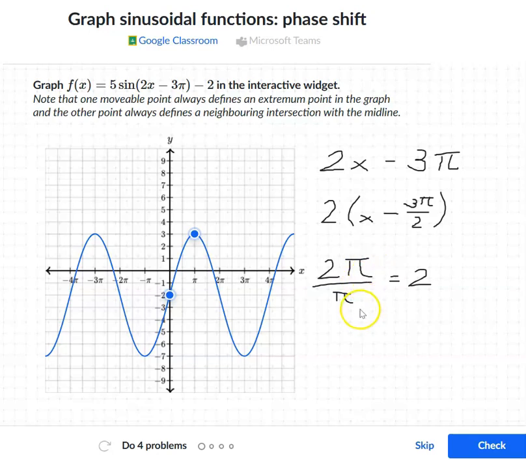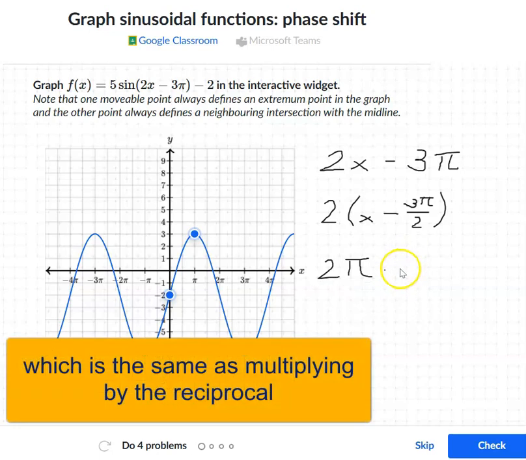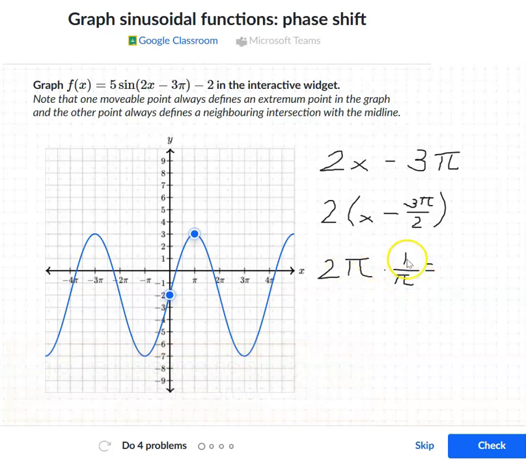But we want it as a fraction. So pi over 1, that's fine, as multiplying by the reciprocal. So 2 pi times 1 over pi equals 2 pi over pi. The pi's cancel out, and you're left with just 2.